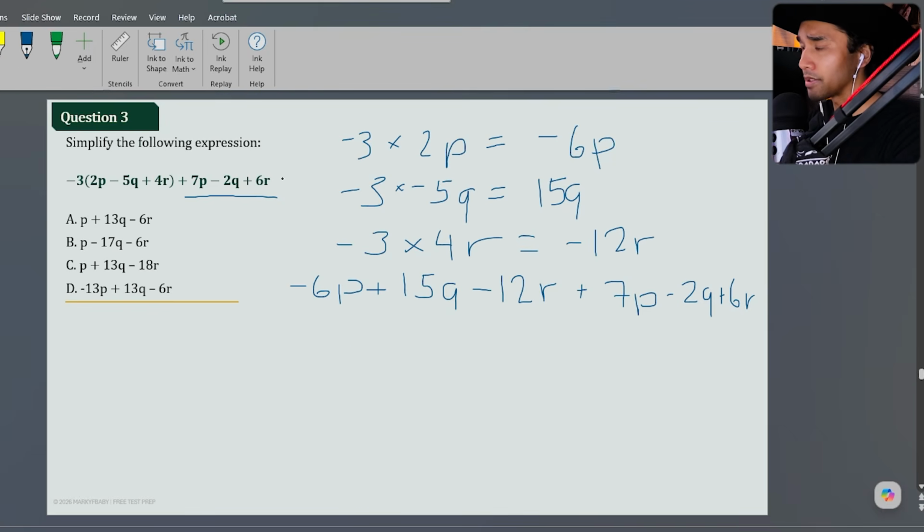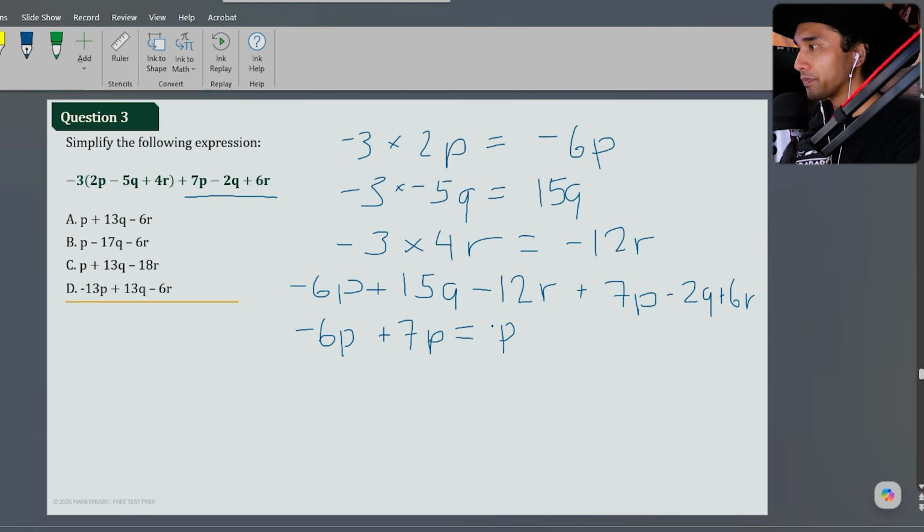I don't think we'll ever see that in the test. So I have negative 6p. That can be combined with 7p. Is there another term with a p? No. So I'm going to write that down. Negative 6p plus 7p. That equals just p.